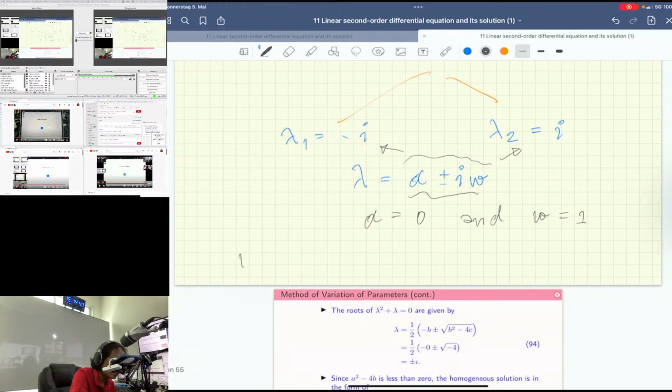So the first solution will be exponential of alpha x times cosine omega x, and y2(x) will be exponential of alpha x times sine omega x, right?